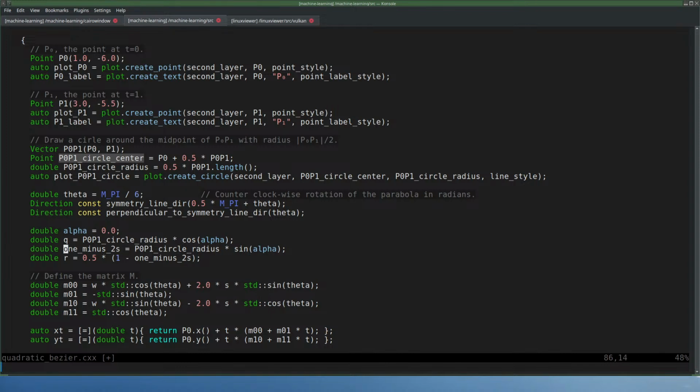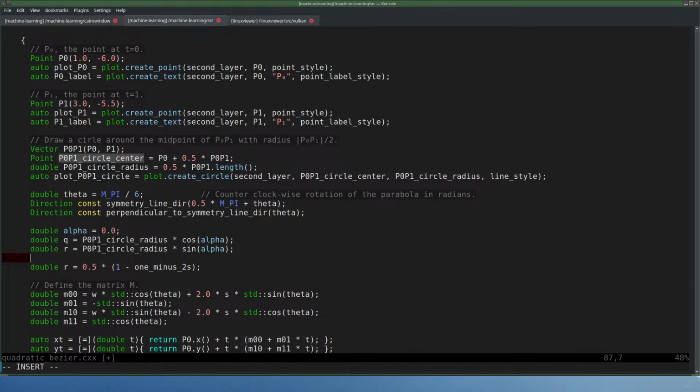Sorry, this is bool again. This is R. And then we want to have the actual coordinates, so point on the circle.